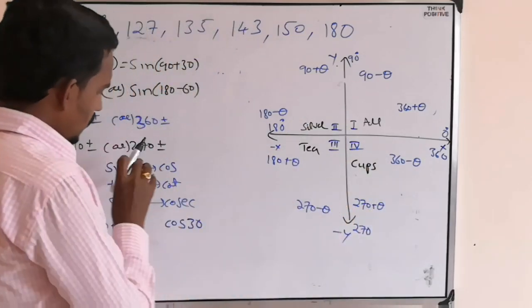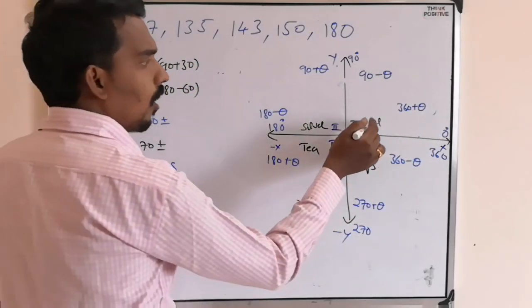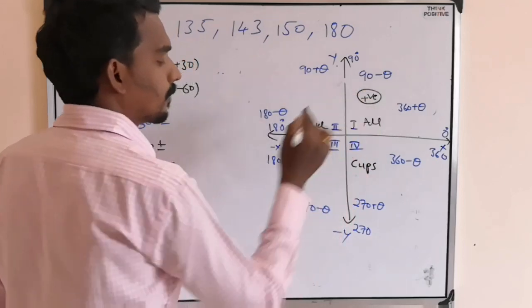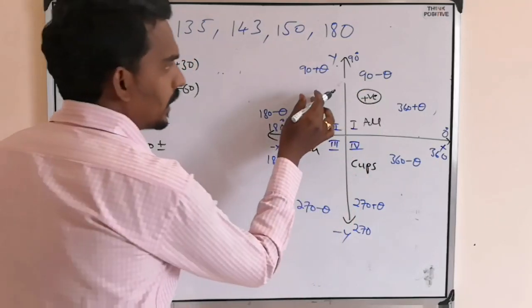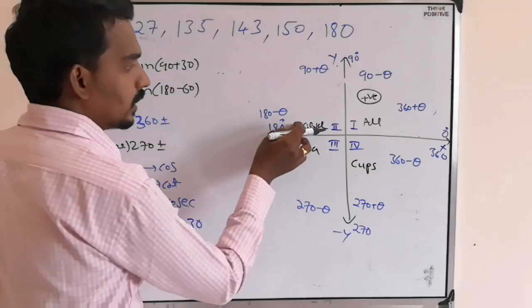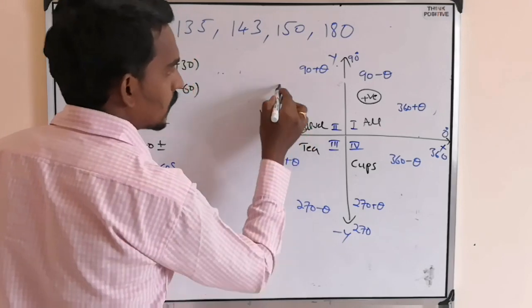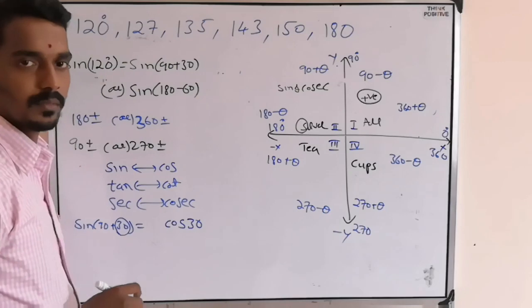When it is 90 minus or 360 plus, all are positive: sine, cos, tan, all. But when you have written 90 plus or 180 minus, then it is silver, S. S means only sine and cosecant are positive.